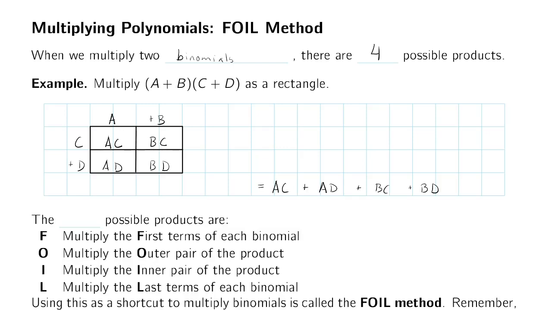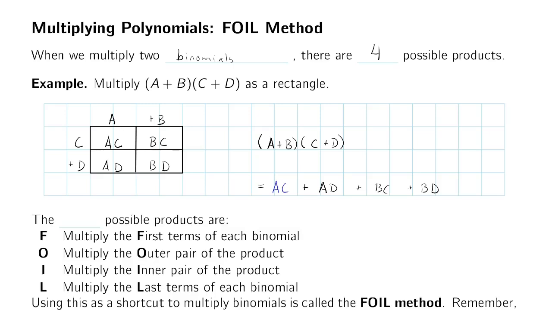And that was the result of multiplying A plus B times C plus D. And I copied the terms of my product in that order for a reason, because now I'm going to say, how can I describe where I found those terms in that binomial?